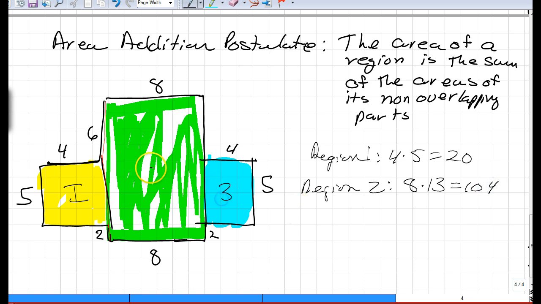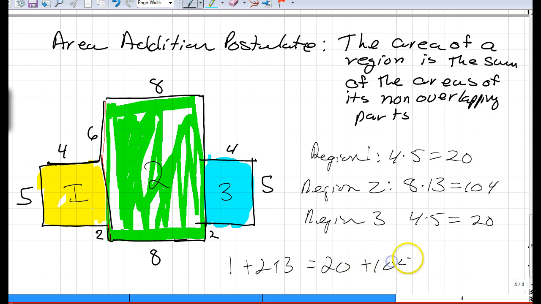And region 3 is another 4 by 5, or 20. And so if we just add up 1 plus 2 plus 3, it's going to be 20 plus 104 plus 20, and so that's going to be 144 units squared. So the area of the whole thing is 144 units squared.